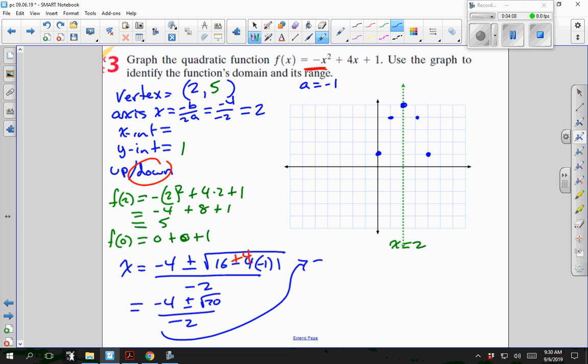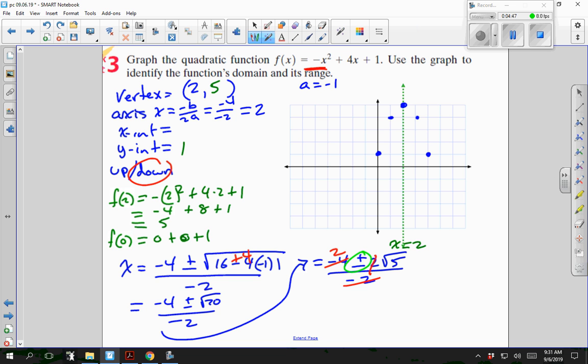Running out of room. Let's take it up here. Negative 4 plus or minus 2 root 5 over negative 2. And this is where we get you, right? The negative 2 is going to come out of both terms. So when the negative 2 cancels, this becomes positive 2, and this becomes negative or positive, but that's irrelevant, isn't it?